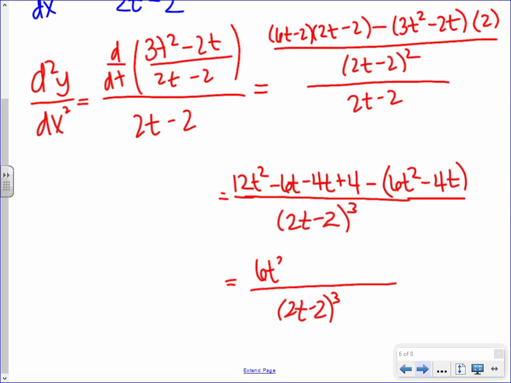Yep. Isn't 6t times negative 2 negative 12t, not negative 6t? Yeah, I think so.